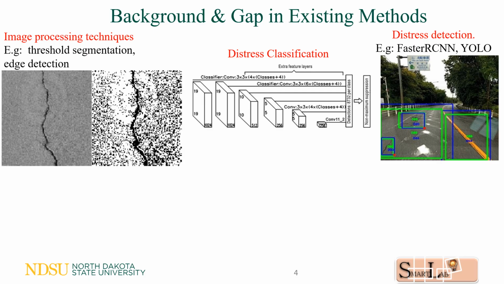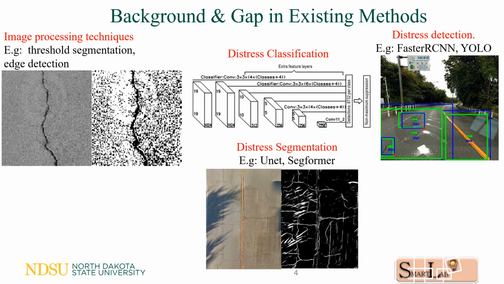To solve this problem, researchers came out with distress segmentation. For distress segmentation, we are able to tell the outline of the distresses or the cracks in the pavement image, and also know the distress type. In addition, based on this information, we can even estimate the cracks and other additional information about the pavement image.